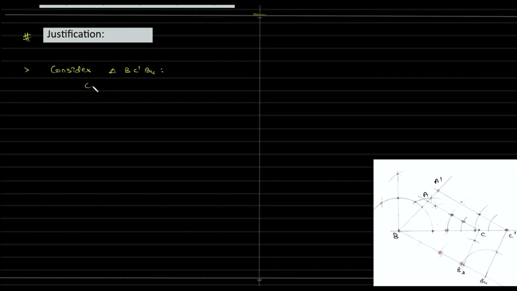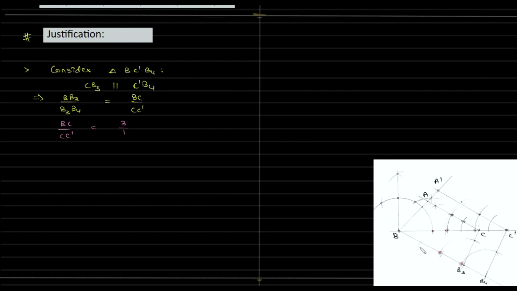So here B3C is parallel to C dash B4. This would imply that B3 by B3B4 is equal to BC by CC dash, and thus we have BC by CC dash is equal to 3 by 1.